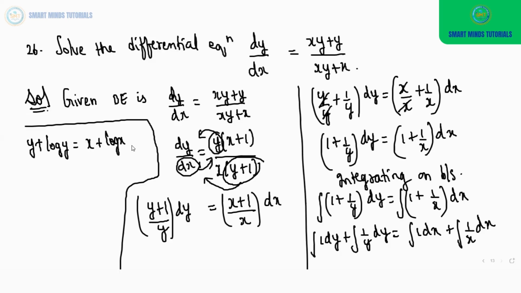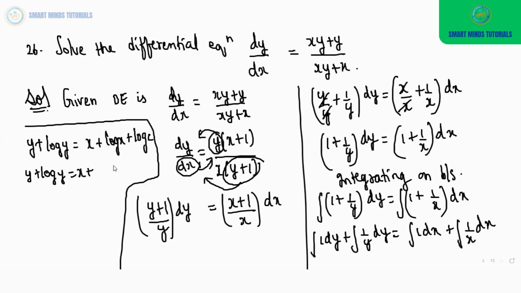Okay. Now we should write one c, no? Instead of writing c, I will write log c. Whenever you have log in the terms, you write the answer in terms of log. Instead of writing plus c, we will write log c. Now how to simplify this? log a plus log b is log ab.